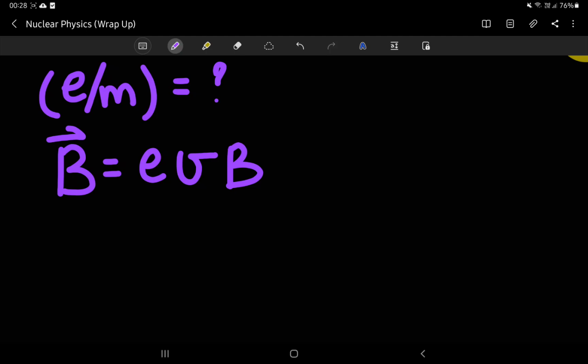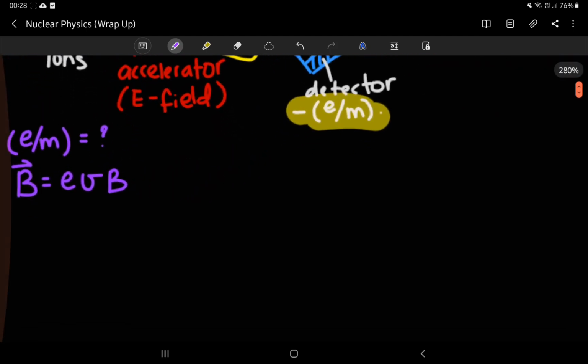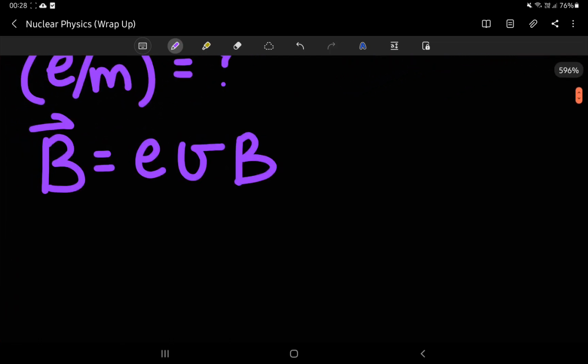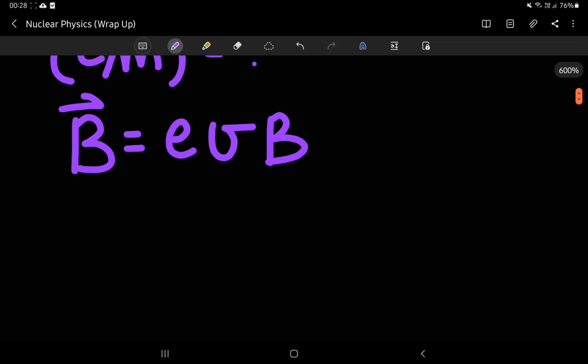What else can we do? We can use conservation of energy.